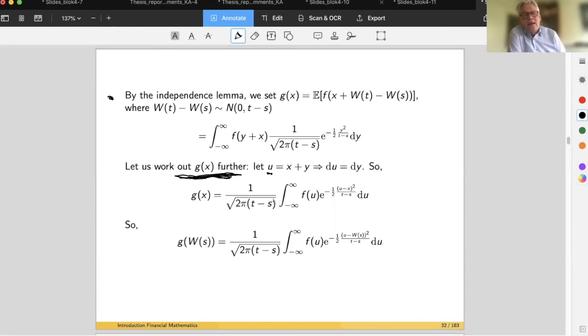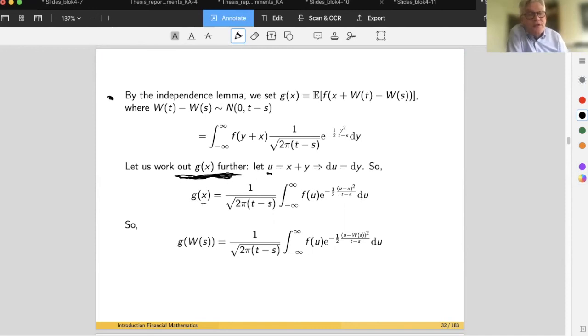And then after the change of variables we get the integral over u from minus infinity to infinity of f(u), e to the power minus 1/2 (u minus x) squared, since we replace y by u minus x, over (t minus s), du.